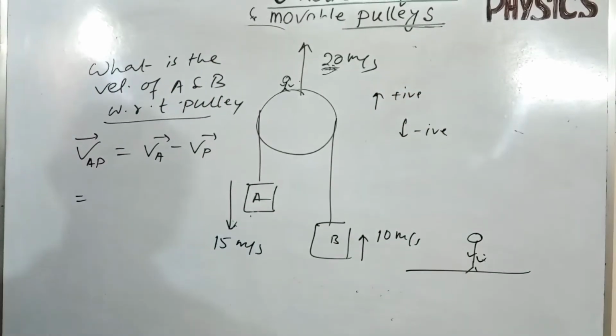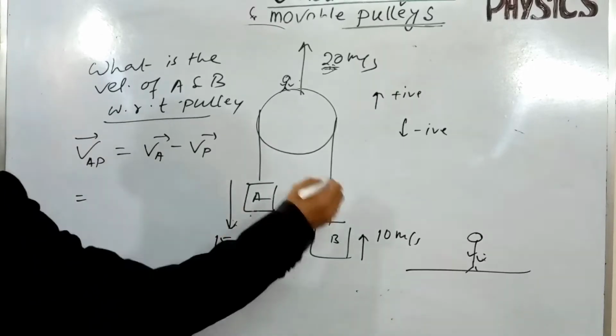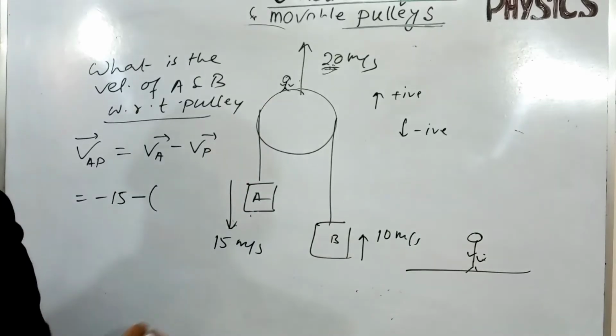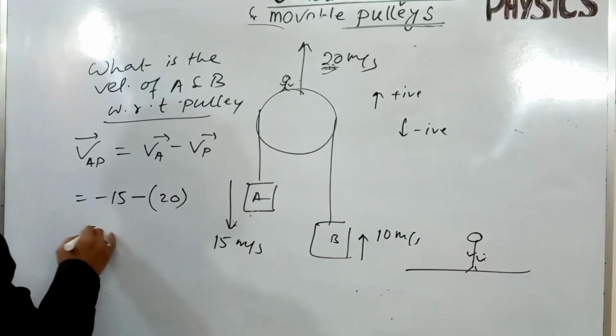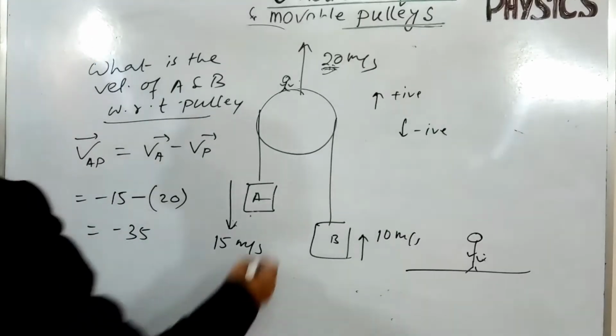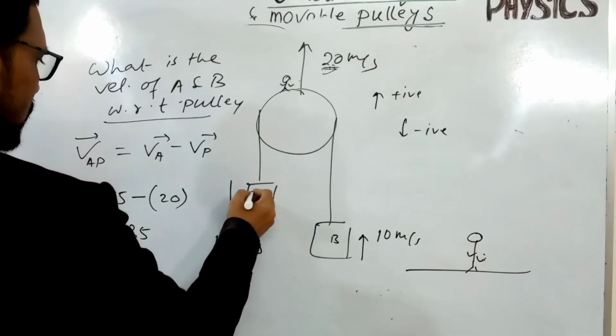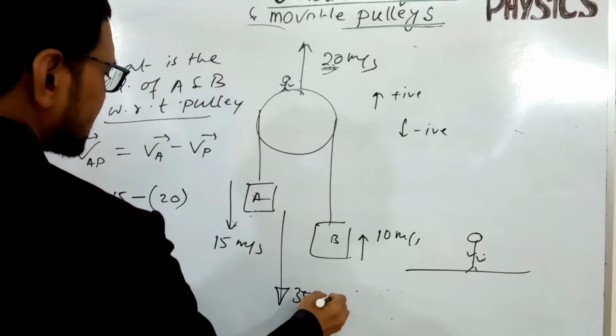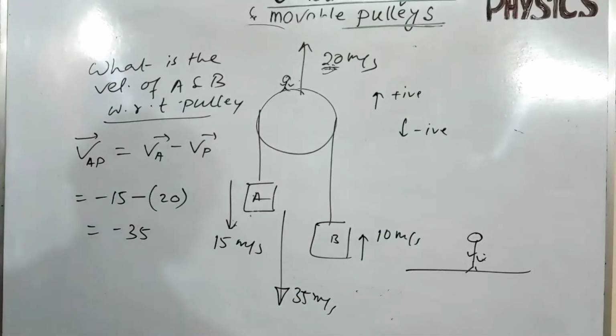So Va is negative, minus 15, minus Vp is positive, so 20. Now what result? Minus 35. So minus 35 means that with respect to this, the block A is moving with 35 meter per second. So this is relative velocity.